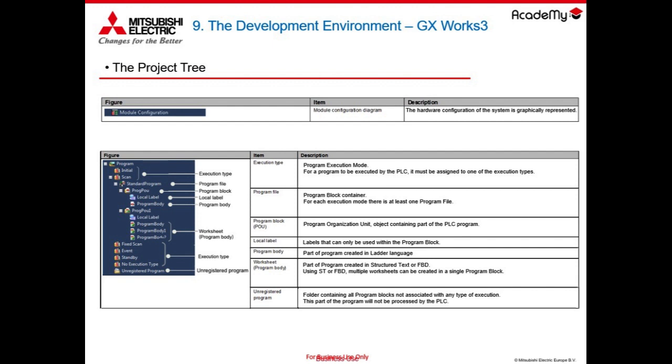Following, a folder, program part, referring to the part of programming under which the various execution modes are listed: initial, scan, fixed scan, event, standby, no execution, and unregistered. We will see them better in detail later.